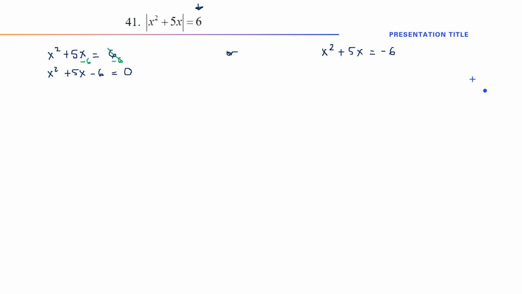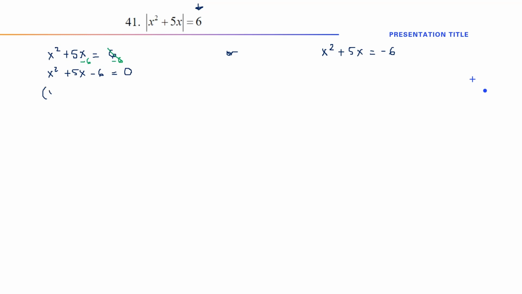Alright. Now we're checking, we have 3 terms, remember the AC method. So 2 numbers multiply to equal A times C. It means 1 times negative 6 is negative 6. And those 2 numbers add up to 5.